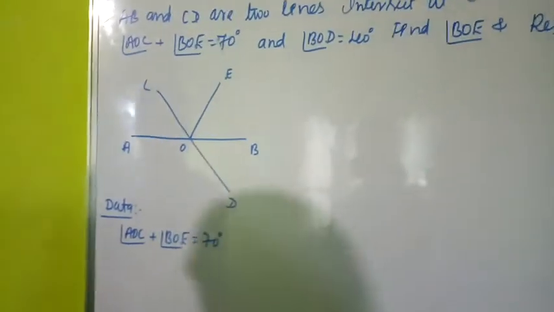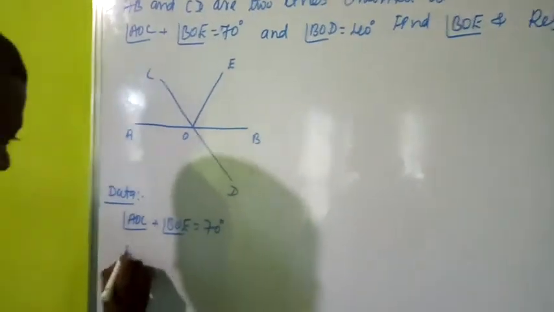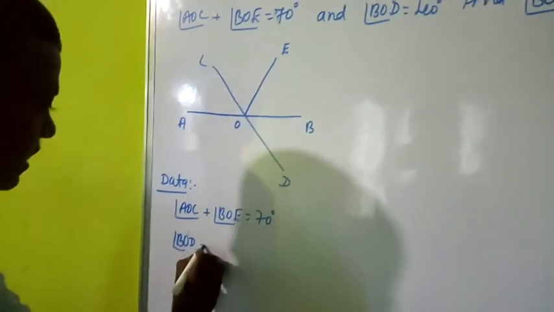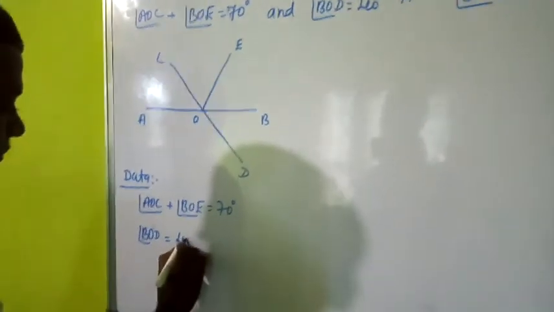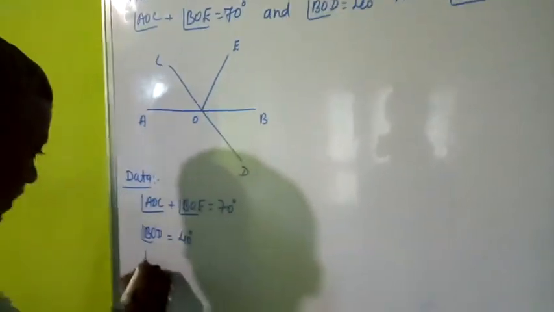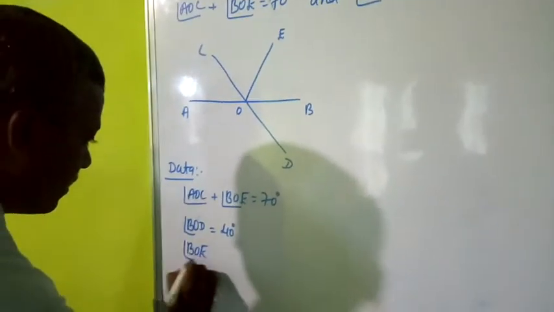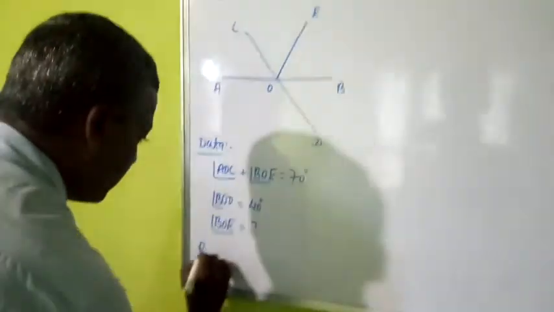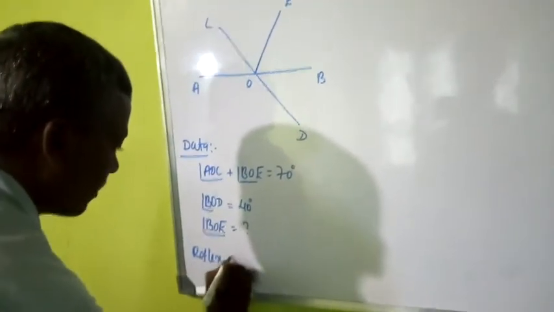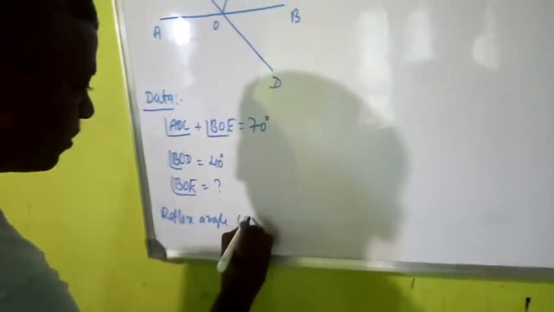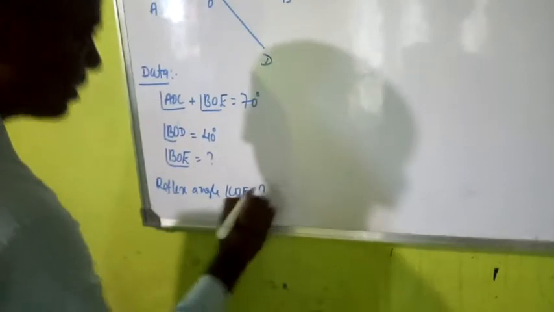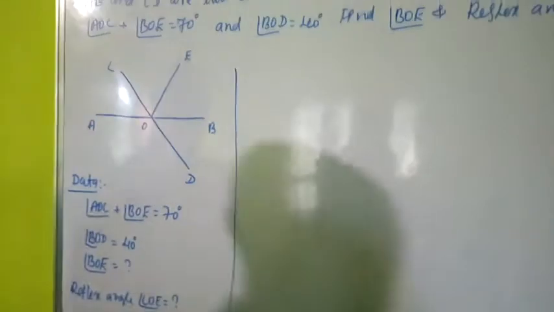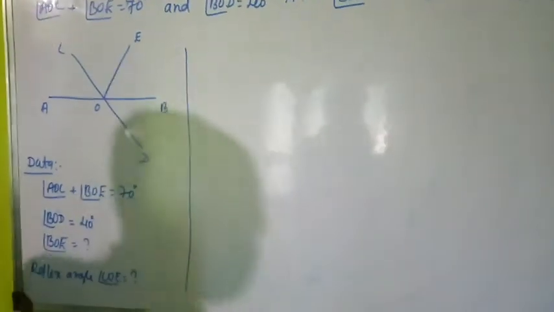Next, one more angle is given, angle BOD is equal to 40 degrees. Now we want to find angle BOE and the reflex angle of COE. For this we have a solution. Just see this diagram.